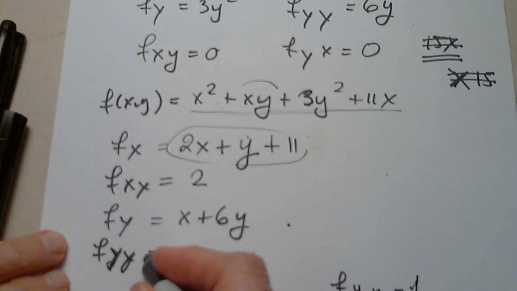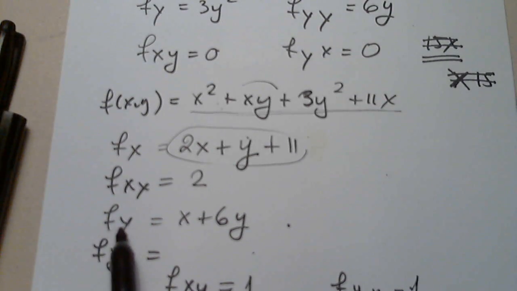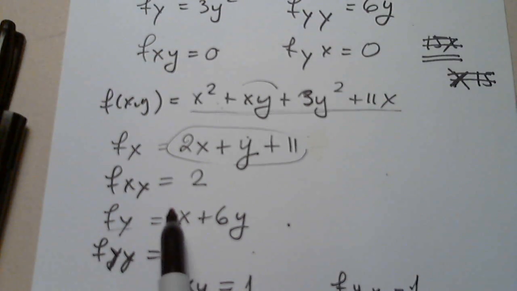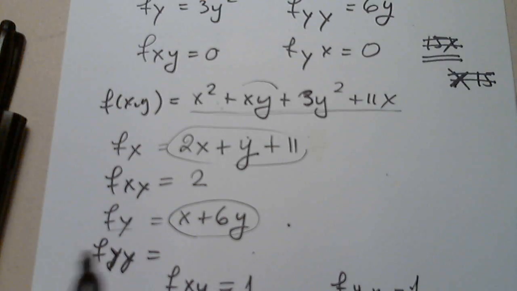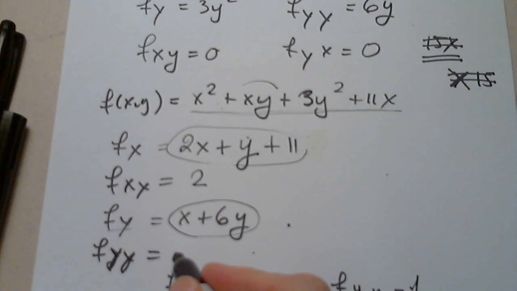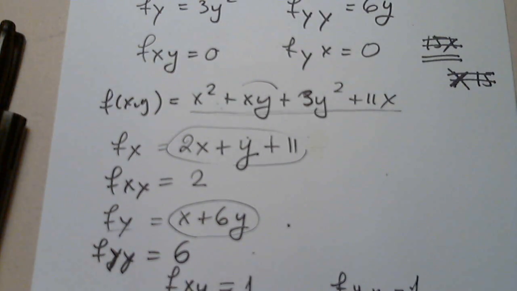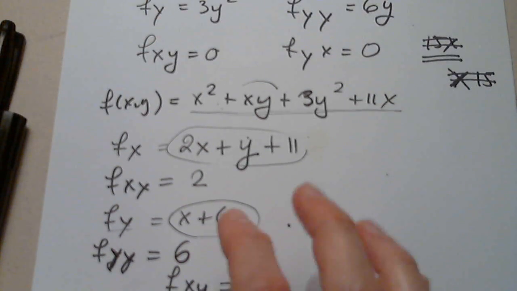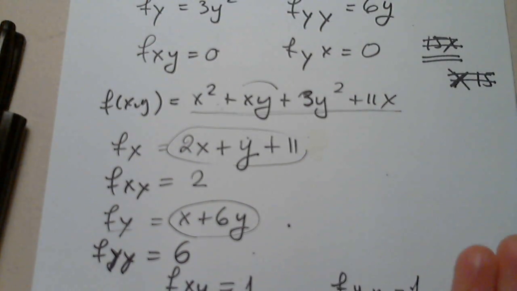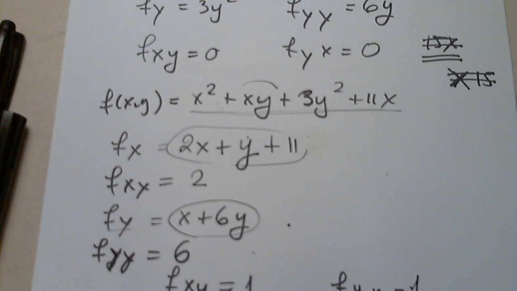So now we already have differentiated with respect to y, and we need to differentiate the second time, second partial derivative of the function with respect to y. 6. That's it. Just 6. This doesn't have y in it, so it's a constant at this point. When I differentiate, the constant is 0. This has y in it. When I differentiate with respect to y, I get 6. Very good.